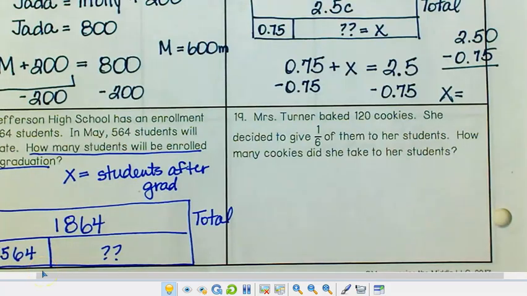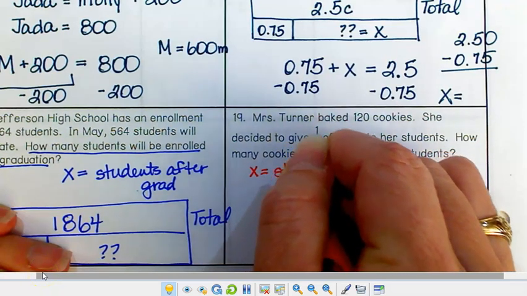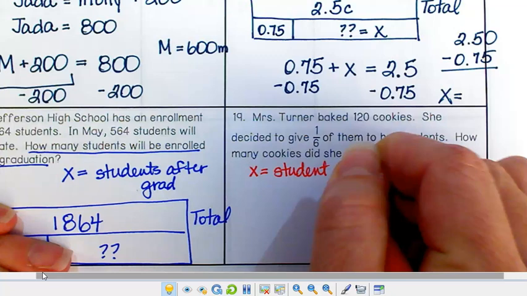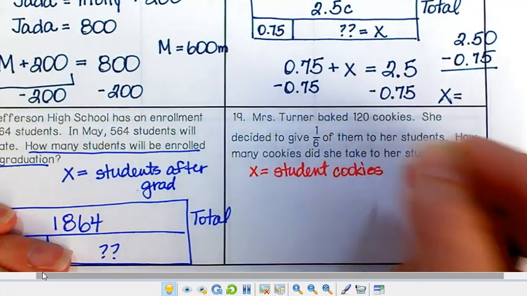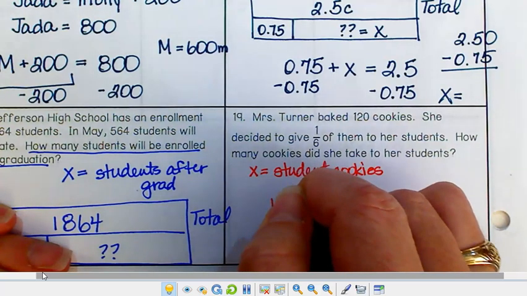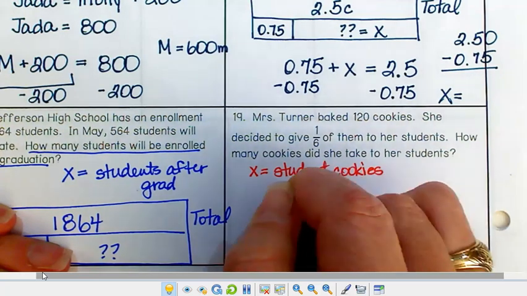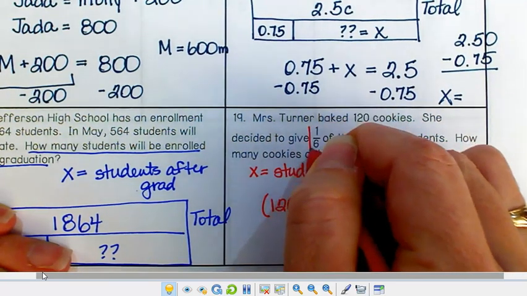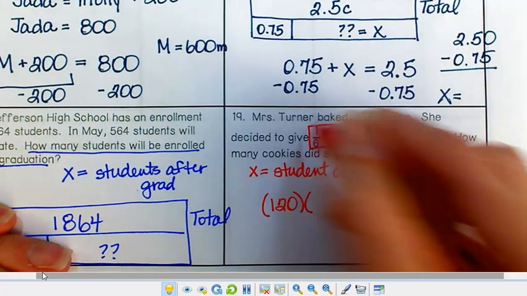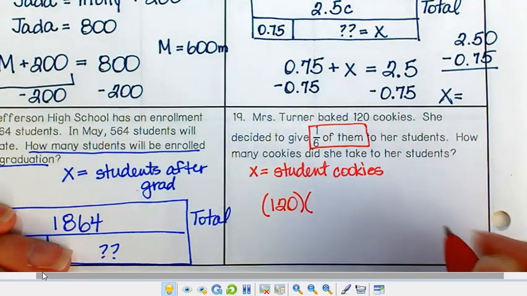All right, Miss Turner baked 120 cookies. She decided to give 1/6 of them to her students. How many cookies did she take to her students? Okay, so X is going to be the number of student cookies. Okay. She has a total of 120 cookies. 1/6 of them she's going to bring to her students.